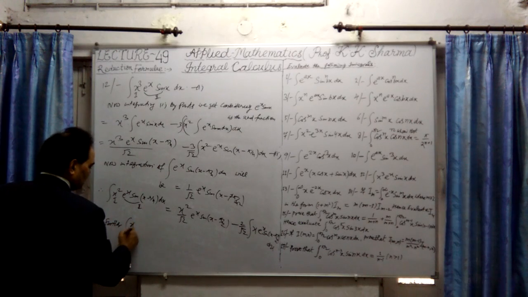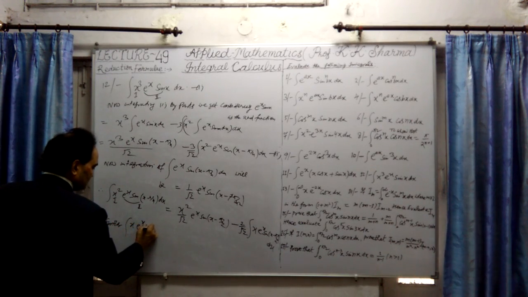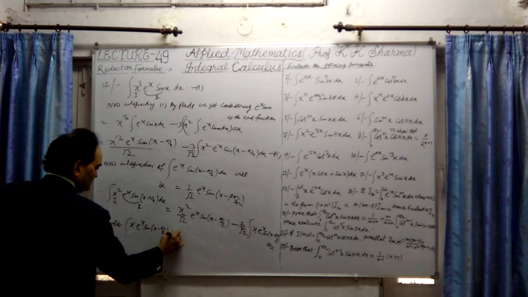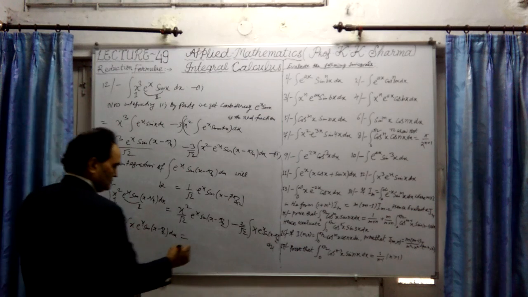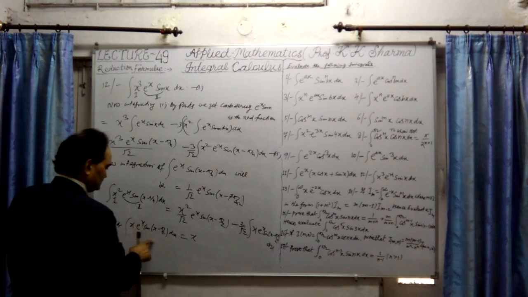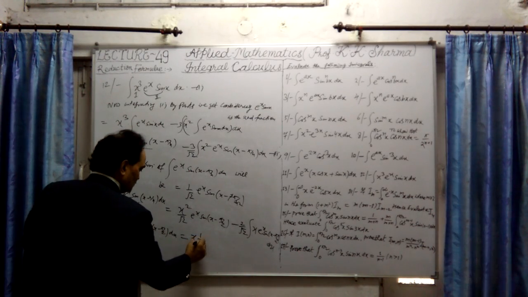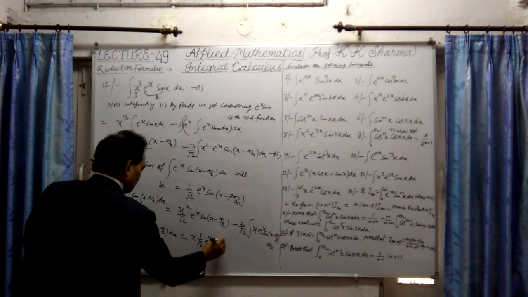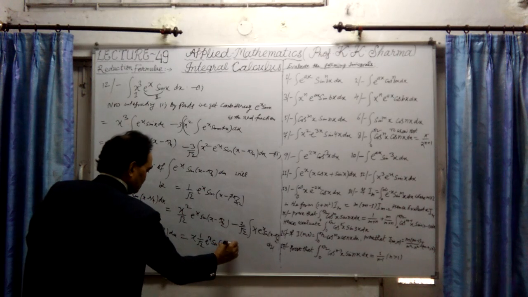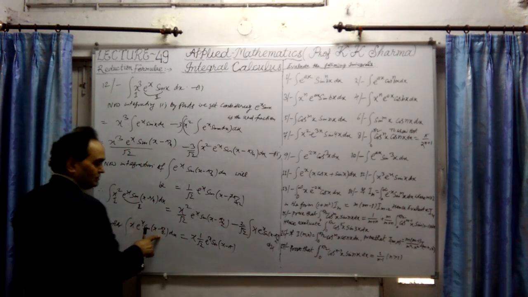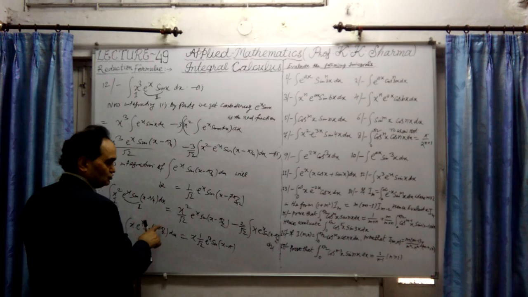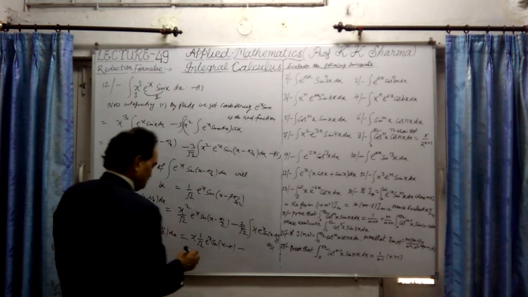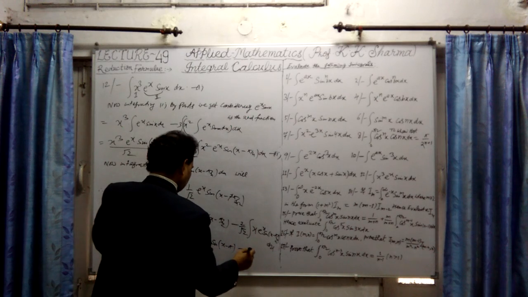Integration of x e^x sin of x minus pi by 2 dx equals x as it is, integration of this whole will be again 1 upon root 2 e^x into sin of x minus pi. And again we have to multiply this by 2, it will be minus 2 pi upon 2, that will cancel out, hence minus sign in between.